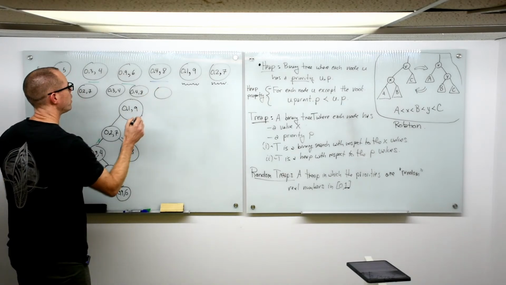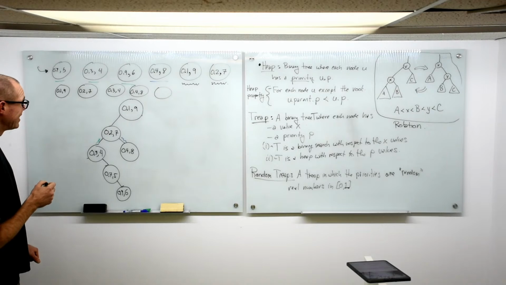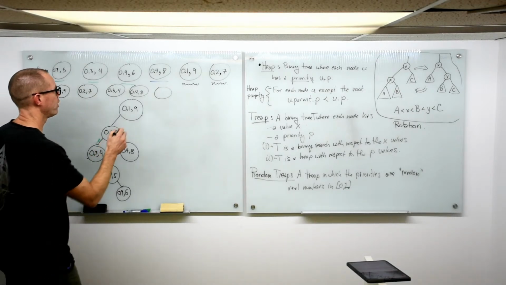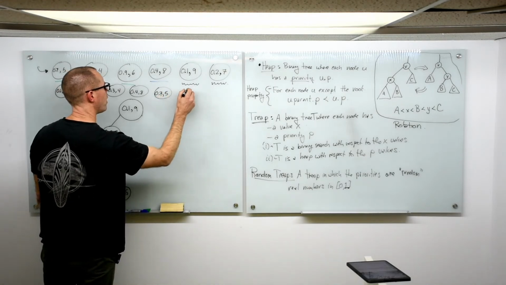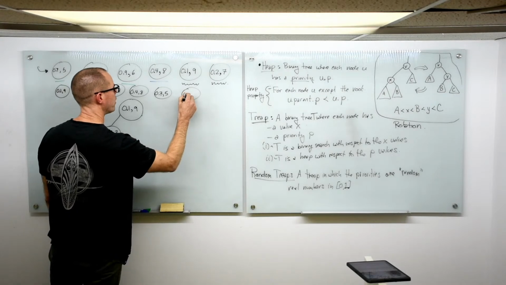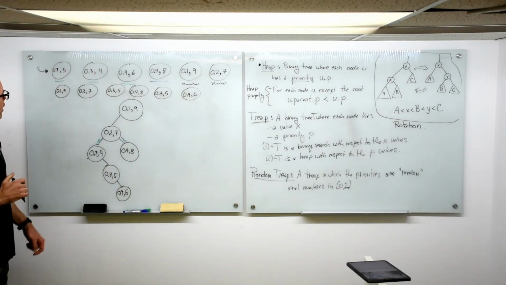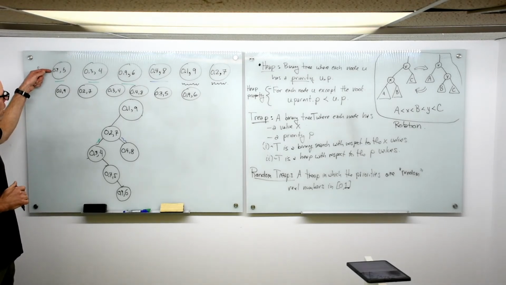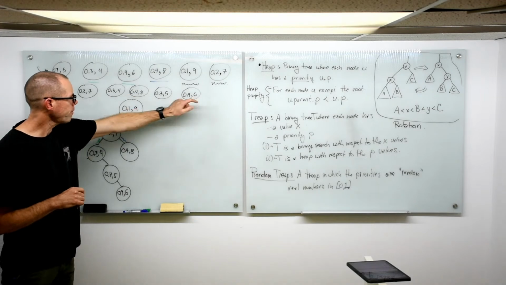The next one is 0.7. And the next one is 0.9 with key 6. This is the same set of nodes. I just sorted them by increasing priority.